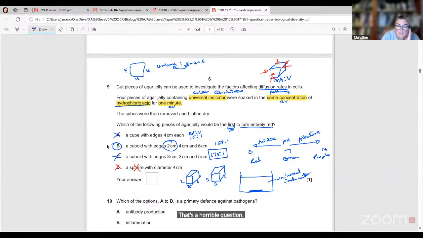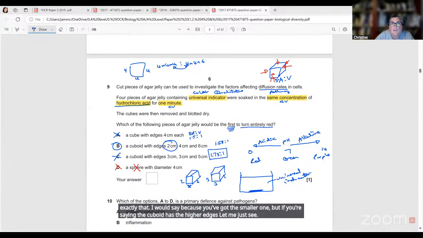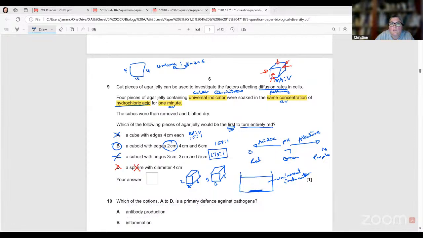So the correct answer is B, but I'm going to have to sit and think about why exactly that. I would say because you've got the smaller one, but if you're saying the cuboid has the higher edges, let me just see. Let me go over here.